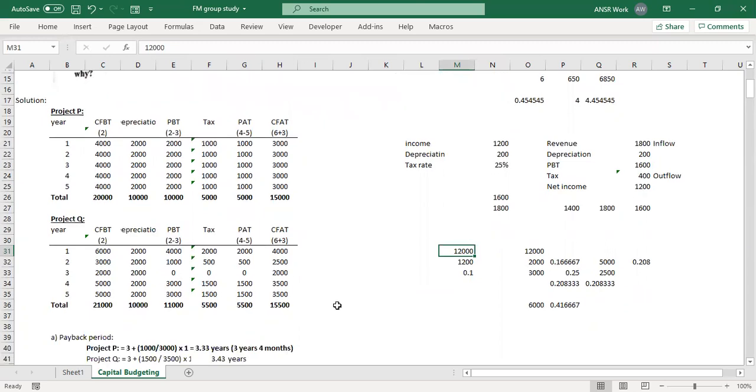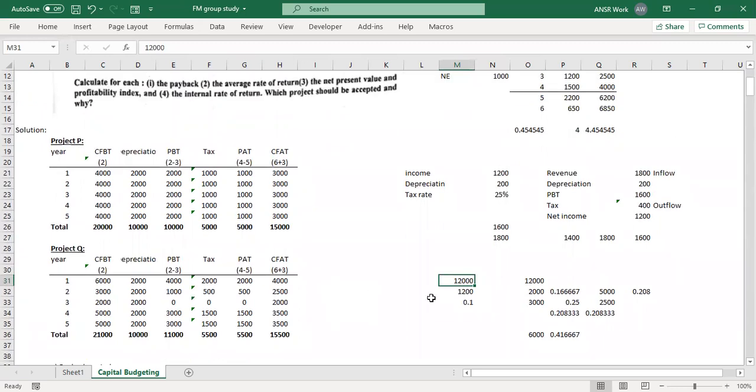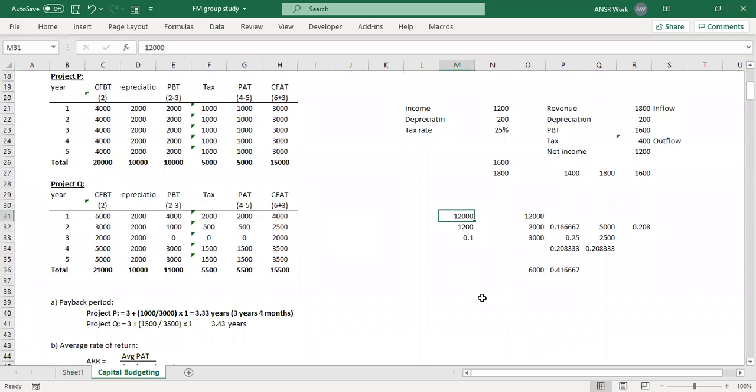It should be 10,000 by 5, no? Why do we divide by 2? I'll tell you the logic. Again, nothing is a correct answer here. They have just standardized a particular formula. That's all. When you think about it, in 5 years, initially you had the investment of 10,000. After 5 years, what is your balance investment? It's 0. So in the beginning of 5 years, you had 10,000.